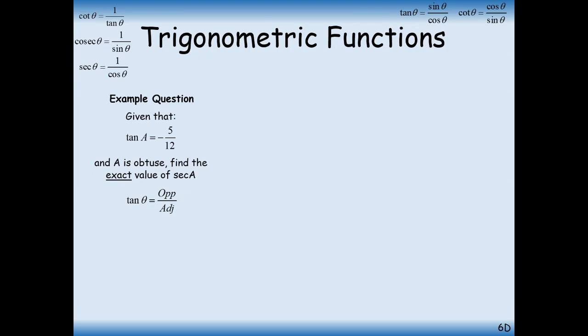So let's look at this example one more time. We have an obtuse angle that is between 90 and 180 degrees. The fact that the tangent of this angle is negative 5 over 12 is telling us that this angle is between 90 and 180 degrees.